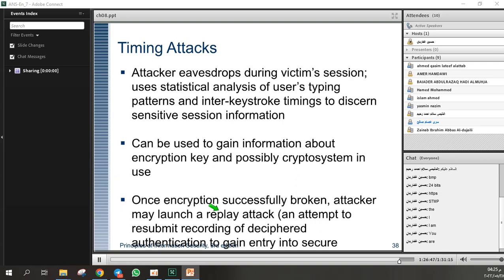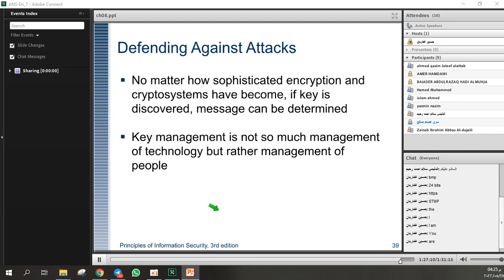By chance, maybe the receiver accepts and authenticates me as the main sender. I'm the attacker, but the receiver authenticates me as the original server. So timing attacks are one of the most dangerous attacks.